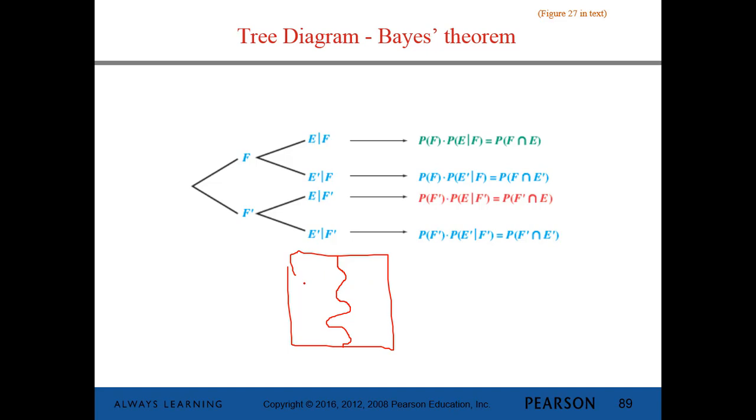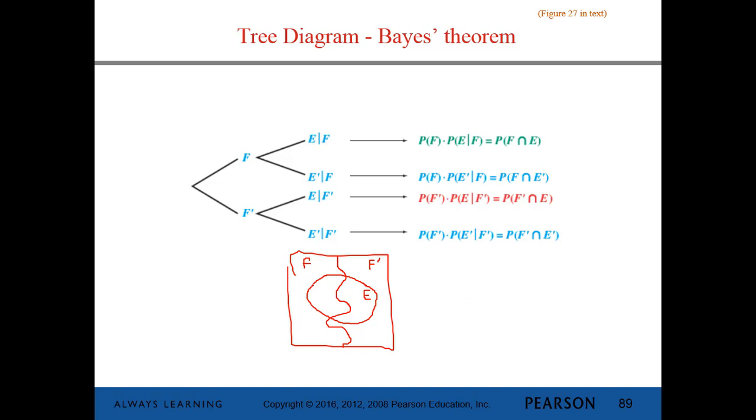Here is F, and here is not F. Then let's say I've got E, and E covers both F and not F.